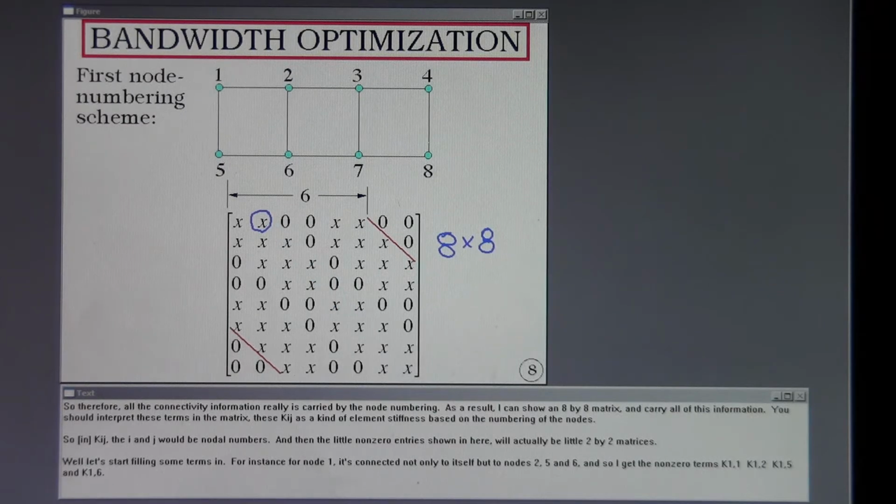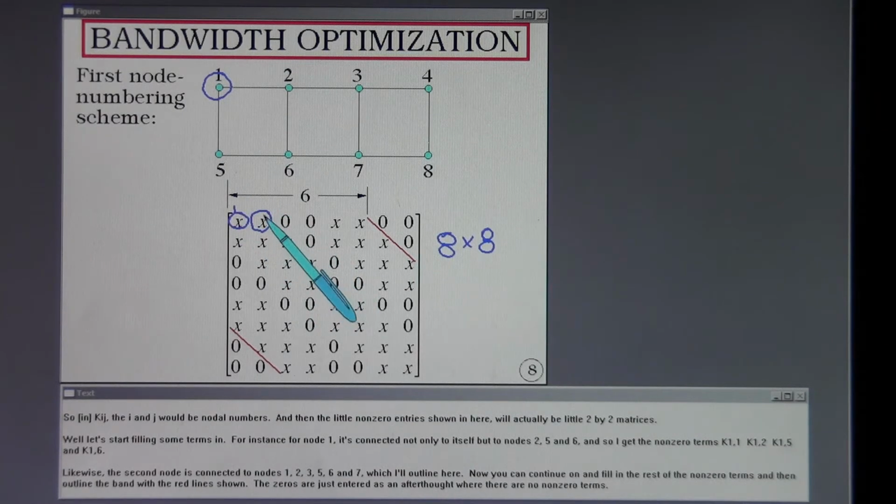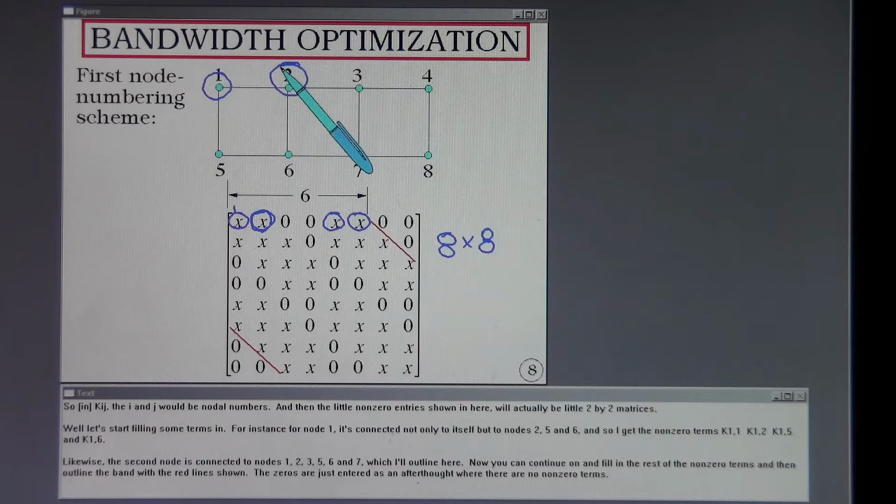Well, let's start filling some terms in. For instance, for node 1, it's connected not only to itself, but to nodes 2, 5, and 6. And so I get the non-zero terms K11, K12, K15, and K16. Likewise, the second node is connected to nodes 1, 2, 3, 5, 6, and 7, which I'll outline here.